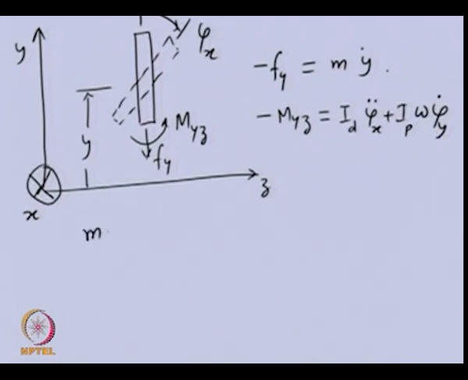They are x double dot plus fx is equal to 0 and y double dot plus fy is equal to 0.